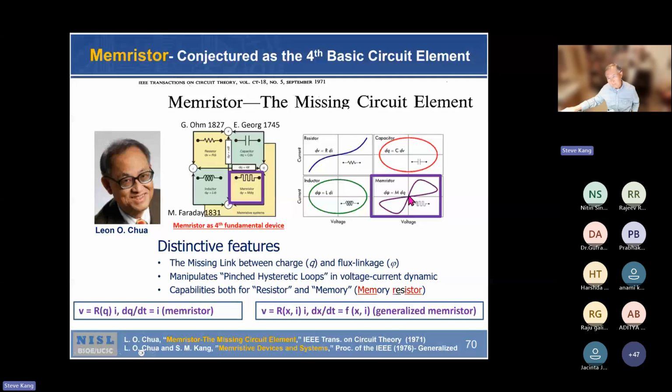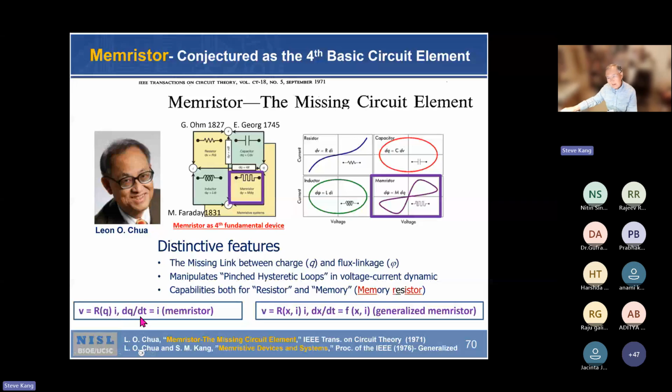Memristor, right? So in the ideal memristor case here, V is equal to R times I, but its state variable is q, where dq/dt is equal to I. So that's what is called the ideal memristor.